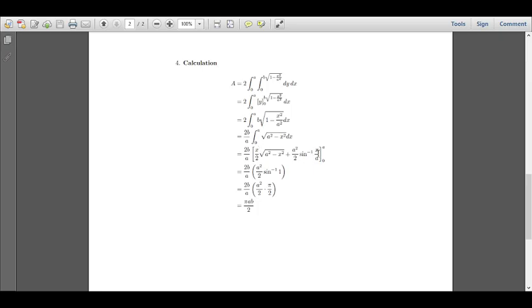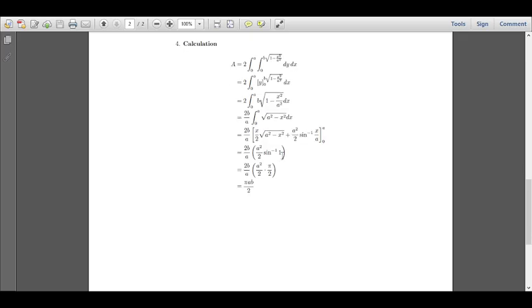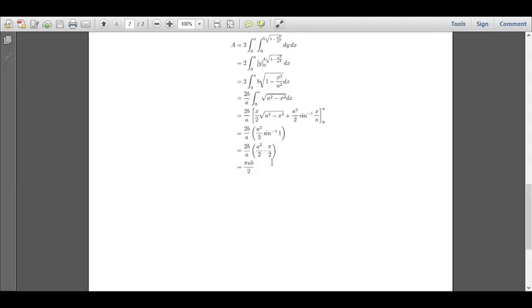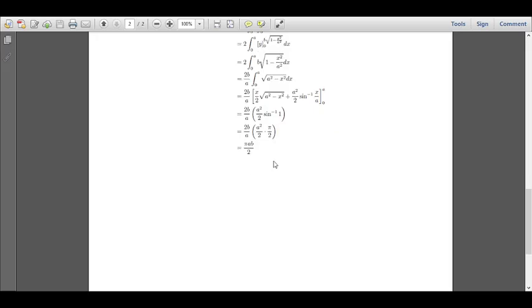Next, sin inverse of 0 by a is sin inverse of 0, which is 0. So for the lower limit we finally get 0. For the upper limit only, we get the second term, a square by 2 sin inverse of 1. Since 1 is sin pi by 2, this is a square by 2 into pi by 2. So this is 2b by a into a square by 2 into pi by 2, which is pi a b by 2. Thank you.